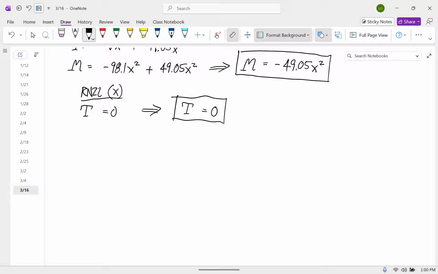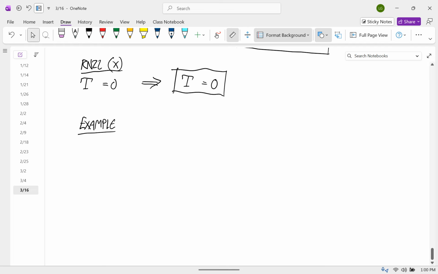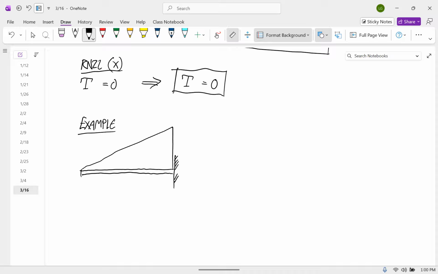Okay. Let's do one with a triangular distributed load. So I'm going to have it cantilever on the right again. And I'll have a distributed load like this that comes up to a maximum of 500.